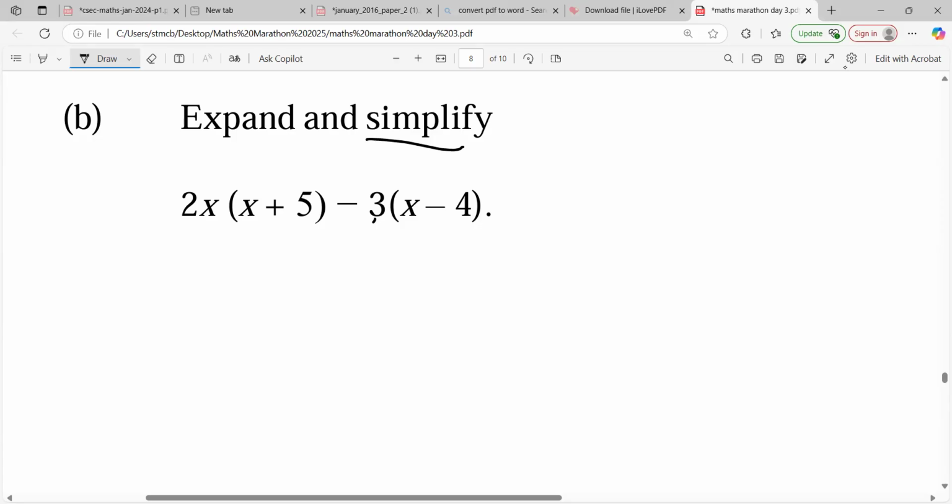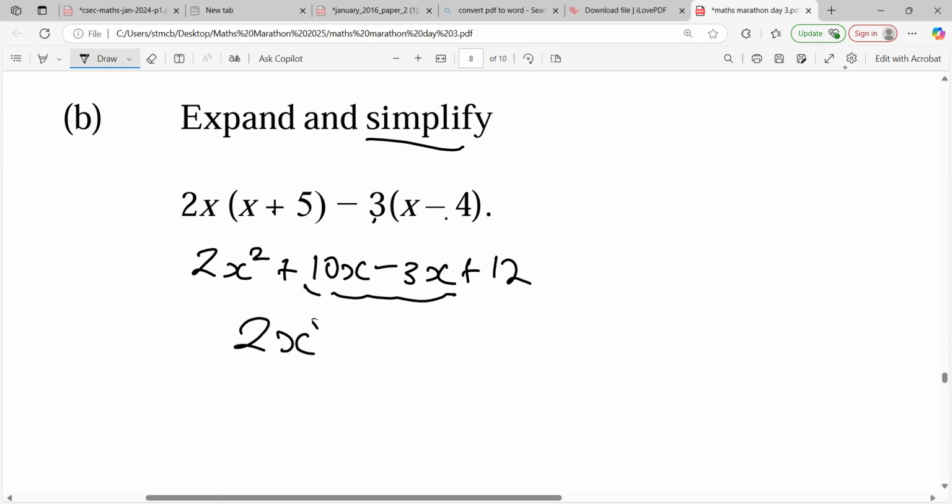Expand, then simplify. So 2x times x will give us 2x squared. 2x times 5 will give us 10x. Minus 3 times x, minus 3x. Negative times negative is positive. So all we have to do is add the like terms, right?